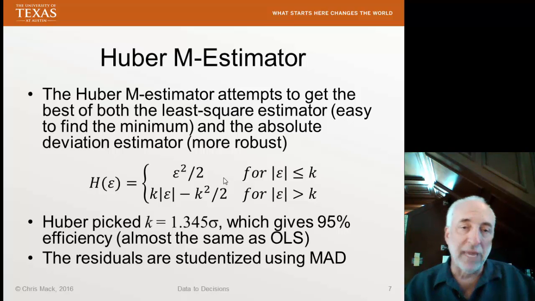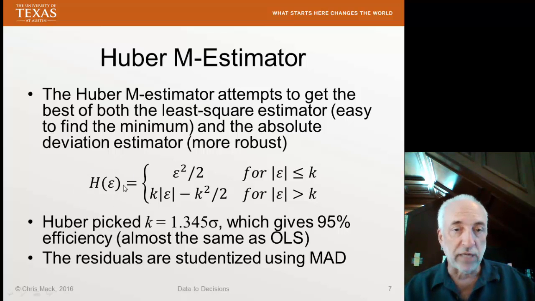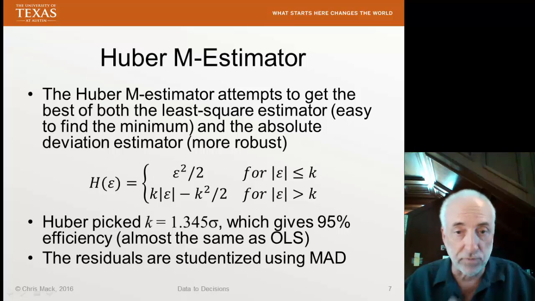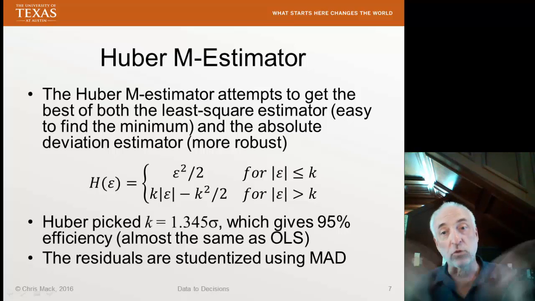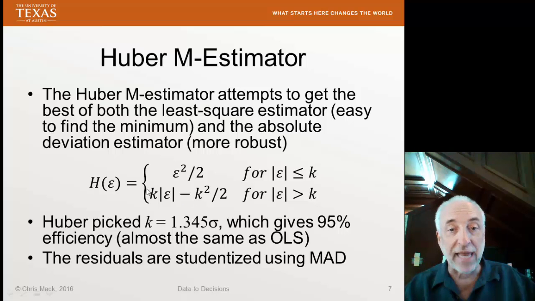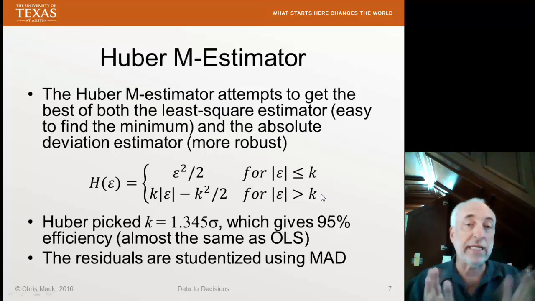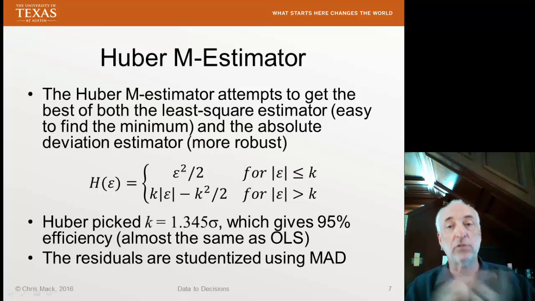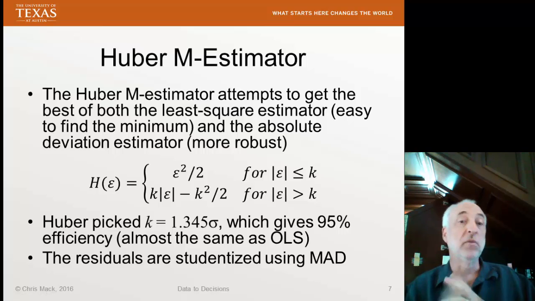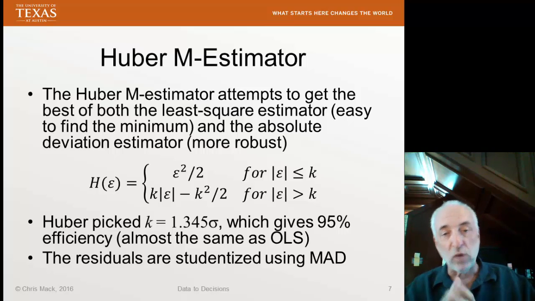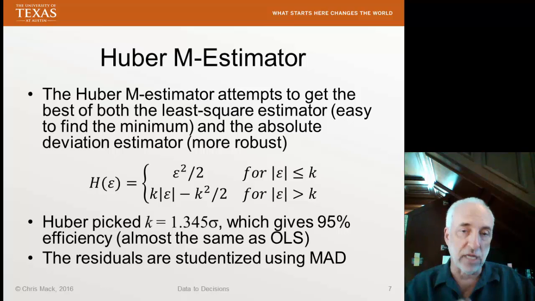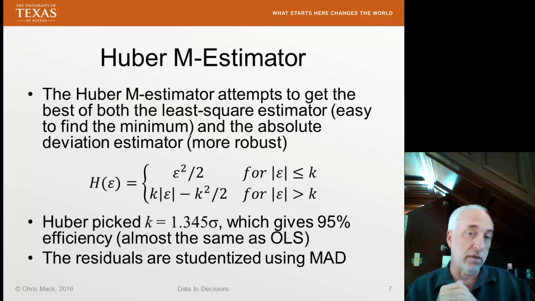We'll make our penalty function for having residuals go as the residual squared, just like our least squares estimator does, but only out to a certain value of residual. Once the residual gets above that, then I'll use the absolute value of the residual. So I'll weight it linearly past a certain value k. The most common value is the one Huber picked when he developed this, k equal to 1.345 times the standard deviation of the values.